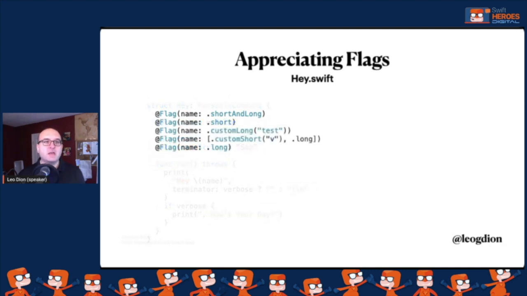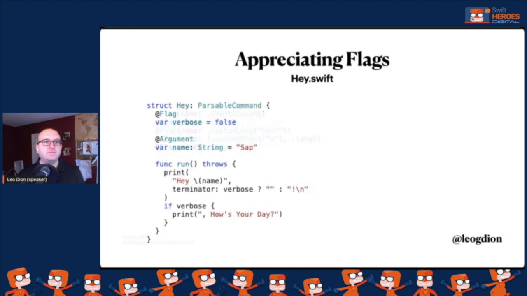We could say just short. We could say custom long and then specify a string. We could say custom short and specify a string. We could also add them together because it would be a set. In this case, we have custom short v and then long as well. Or we could just say long, which is the default. So what's really nice here is Swift argument parser also gives you a lot of flexibility, but also in a way where it's strongly typed and using a lot of the niceties of Swift in order to do that.